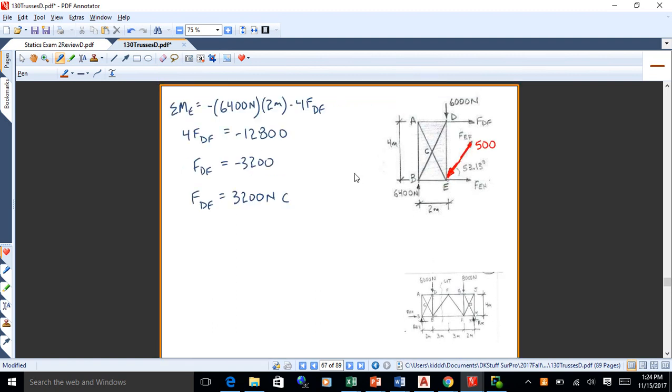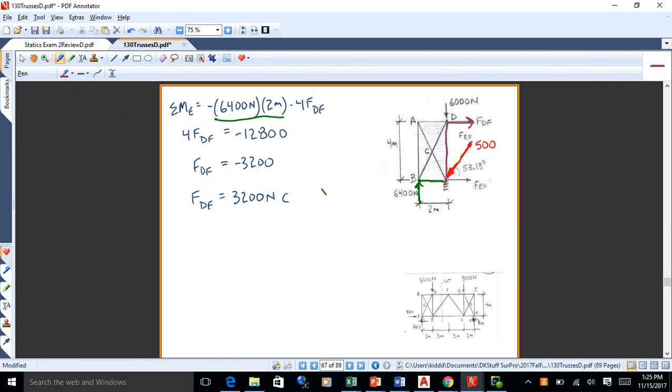Now I know EF, it's 500 down and to the left, but I'll take moments about E, and I'll get negative 6,400 times 2 meters because that's going clockwise, so that's why that's a negative. So what I'm doing there, I'm doing that times this moment arm right here. So that's where that comes from. And that's a negative because it would go clockwise. And then I've also got this other one that I want to solve for, FDF.